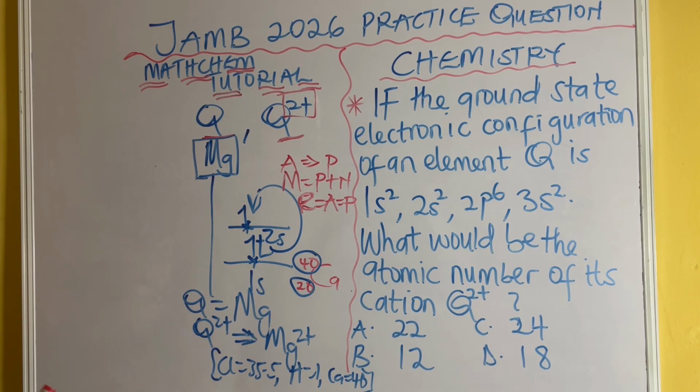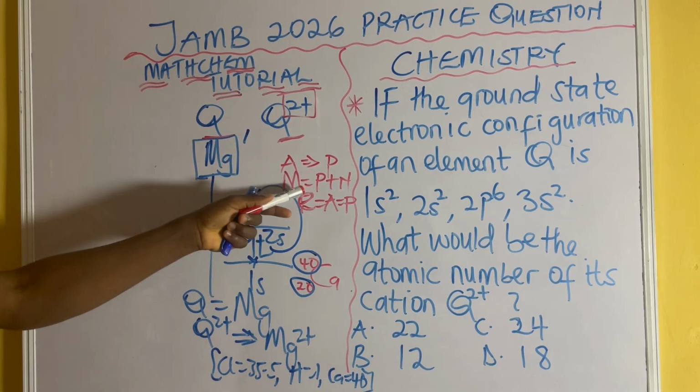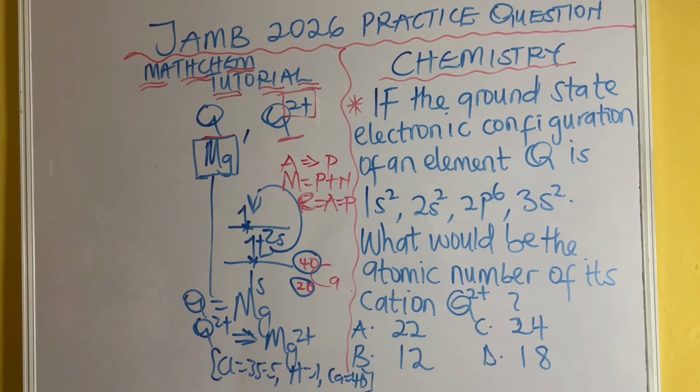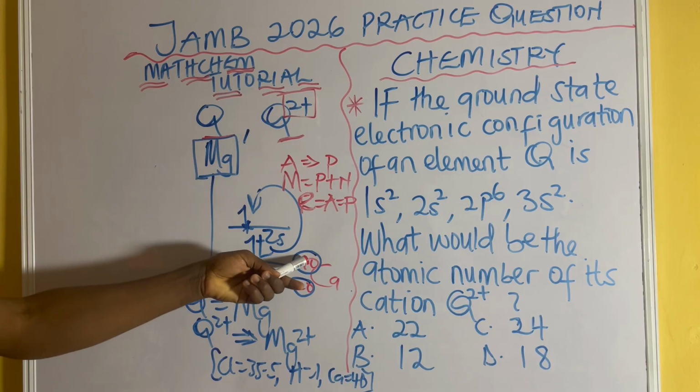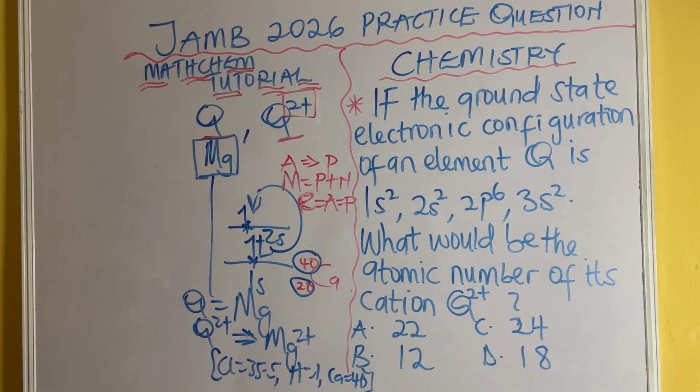So take note: the mass number is equal to the sum of the protons and neutrons. Meaning that atomic number is the same thing as protons, also the same thing as electrons. Mass number, something like this 40, means that you add protons and neutrons together. Please take note of those concepts I just explained.